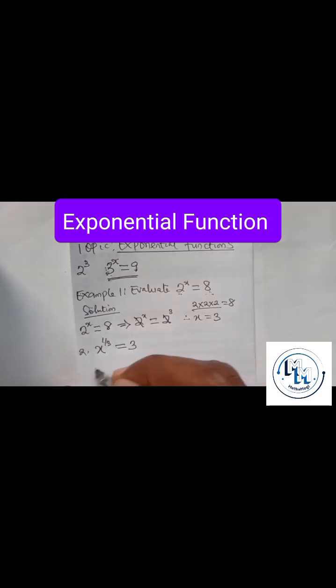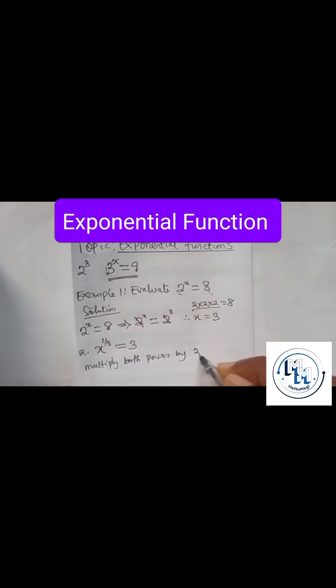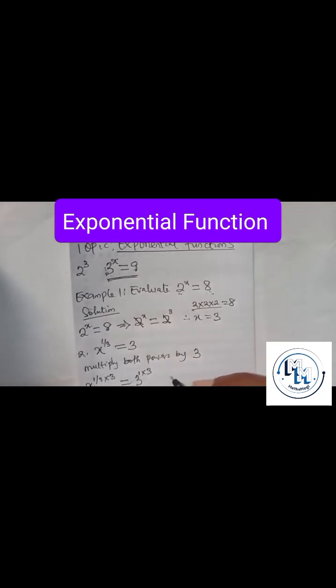So multiply both powers by 3. So we have x power 1 over 3, times 3, is equal to 3. Now this 3 here has 1 as its power, so times 3.